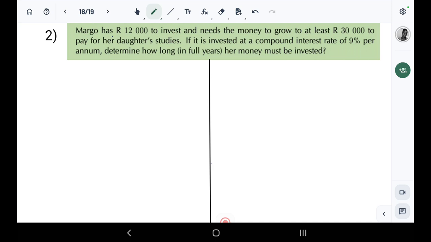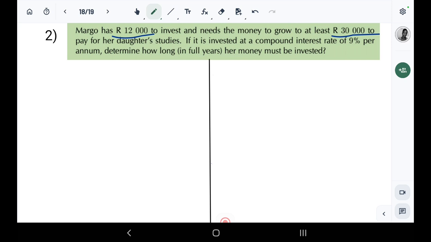Margot has this to invest, so she starts with her initial amount, that is your P. P equals 12,000 rand. She needs the money to grow to at least 30,000, that's the final amount, A, 30,000 rand.